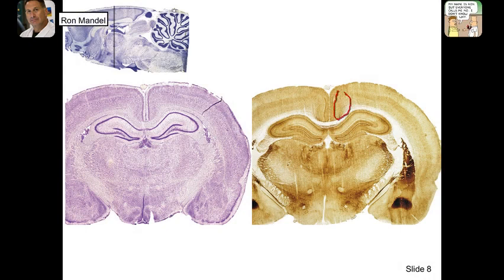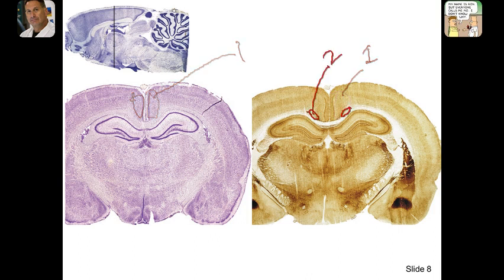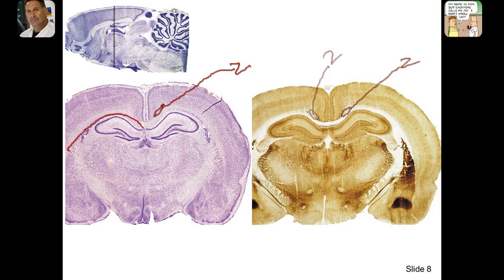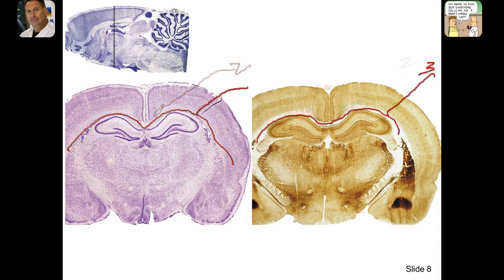Once again, we have the cingulate cortex. And then we have the cingulum, which is a small white matter tract. We have the corpus callosum. We have the hippocampus. This is the dorsal hippocampus.